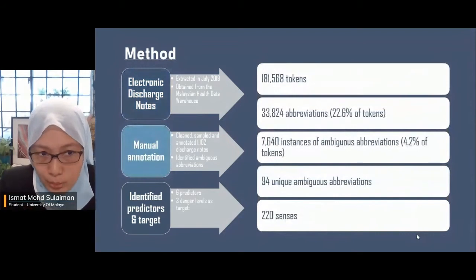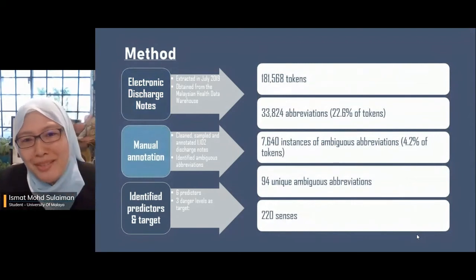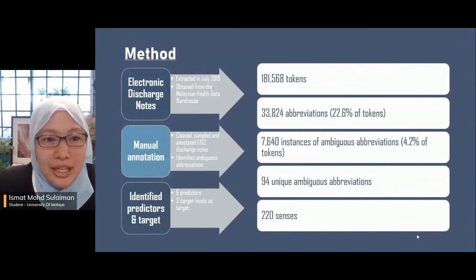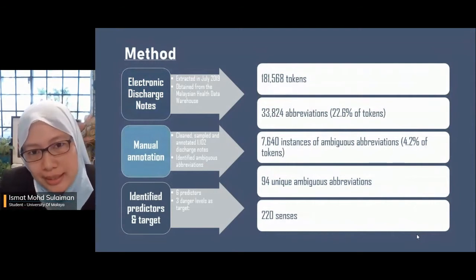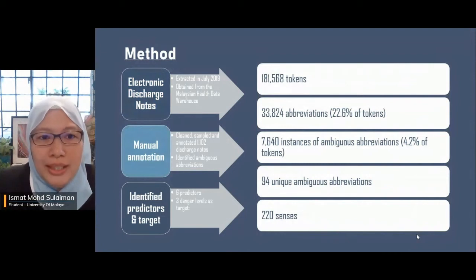What we did was a manual annotation. We hired part-time medical graduates to annotate about 1,102 discharge notes.